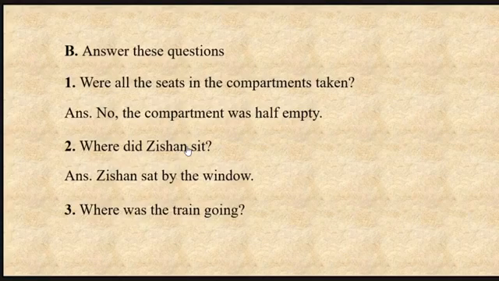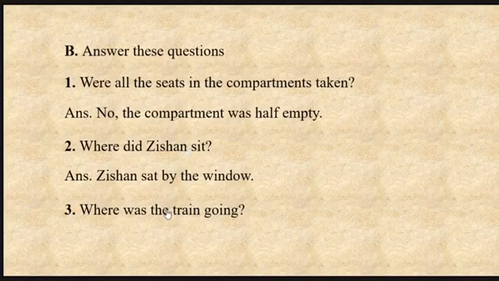This is particularly asked to make you puzzled, because in the passage it is written, the children sat by the window. The children means Jishan and Julie. But the question is about Zishan. So Zishan also sat by the window. So the answer is Zishan sat by the window.